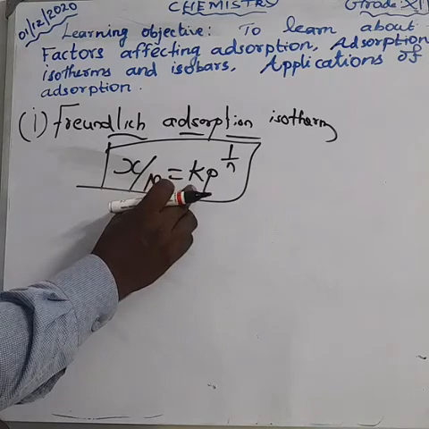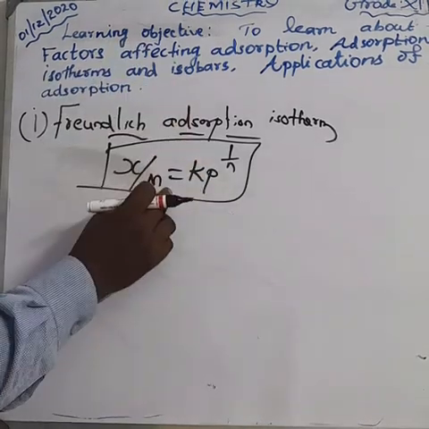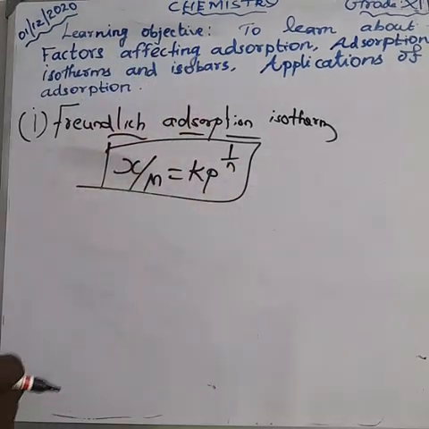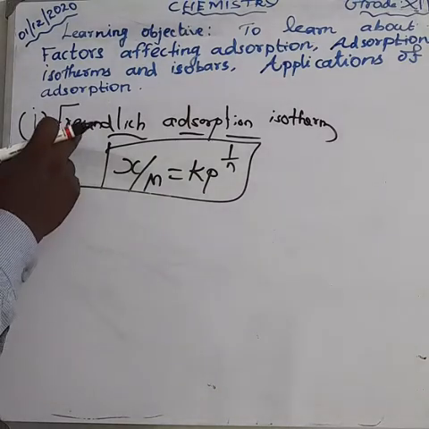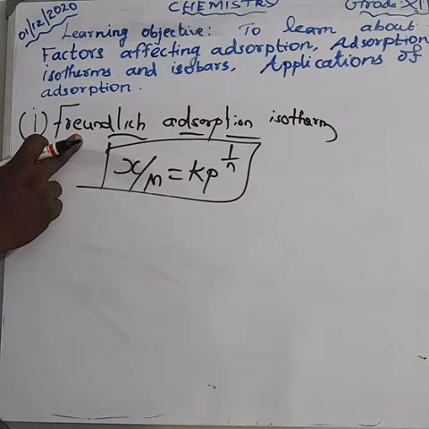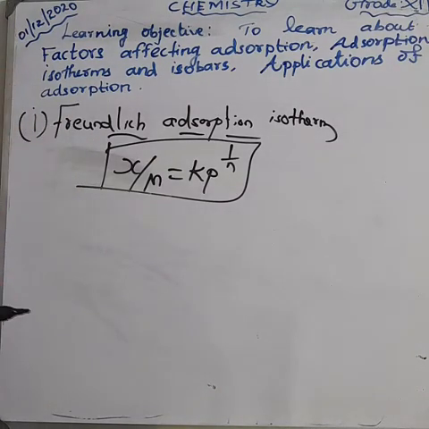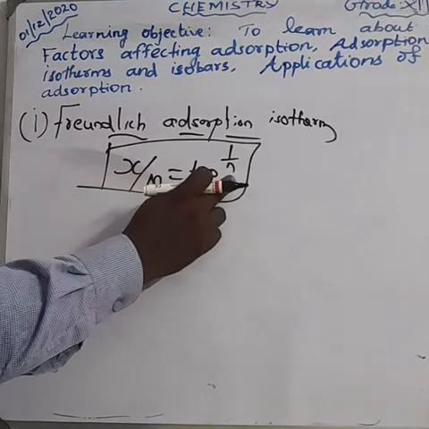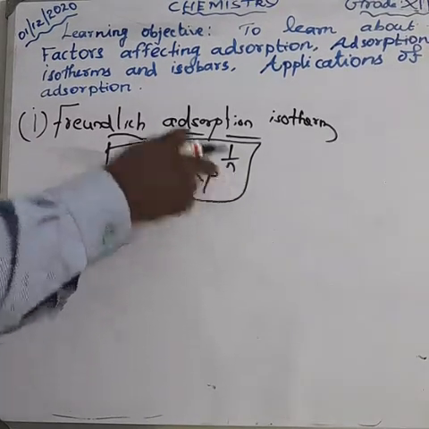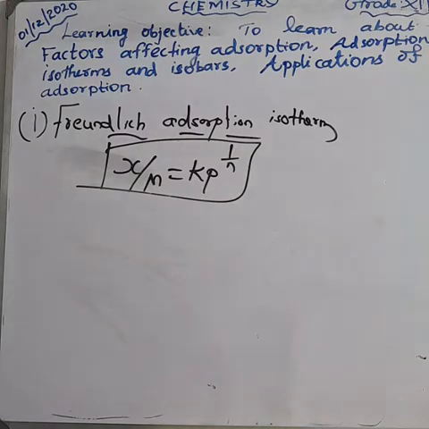Don't forget, this is a one-word question: the value of n is always less than unity.